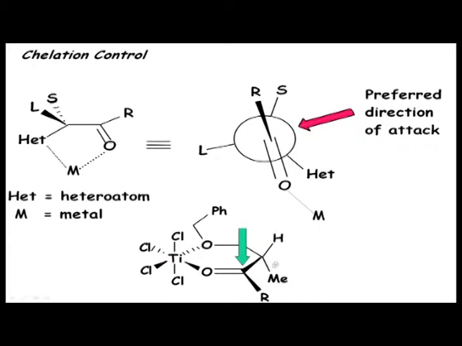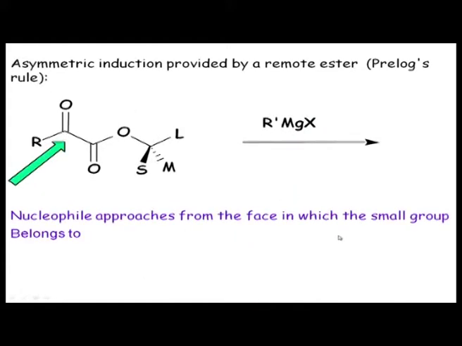So, this is an example which is not drawn according to the Newman, but you can say that there is a chiral center and there is a carbonyl, and then you have CH2OH. So, in this case obviously this titanium reagent will form a complex in this direction, and now you have the small group here on the top and the comparatively larger group at the bottom. So, the nucleophile will approach from the top face. Okay. So, this is an example of the Cram chelation model.